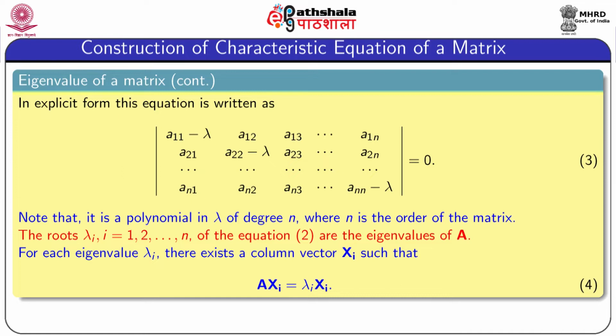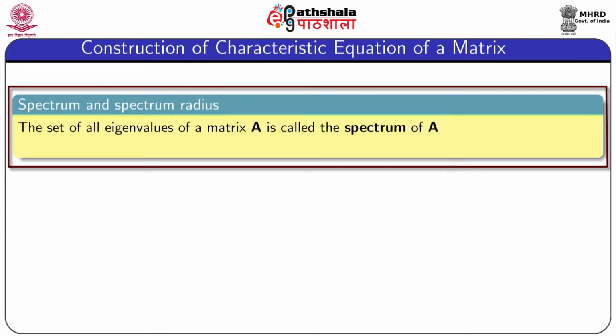For each eigenvalue lambda i, there exists a column vector xi such that A xi equal to lambda i into xi, then lambda i is the ith eigenvalue of the matrix A and xi is the corresponding eigenvector of the matrix A. The set of all eigenvalues of a matrix A is called the spectrum of the matrix A. It may be noted that if the order of the matrix A is n, then the matrix has exactly n eigenvalues.